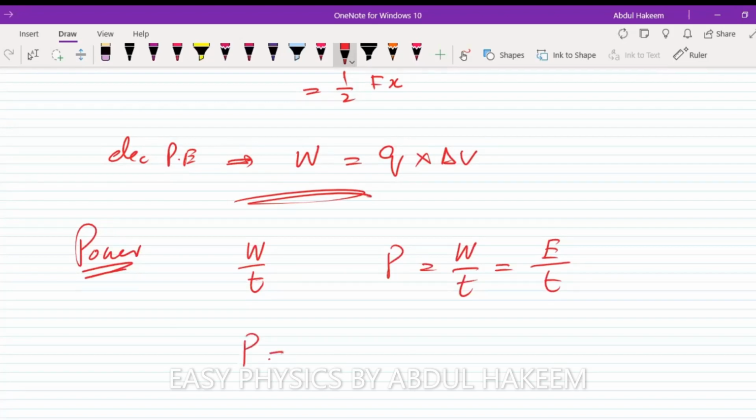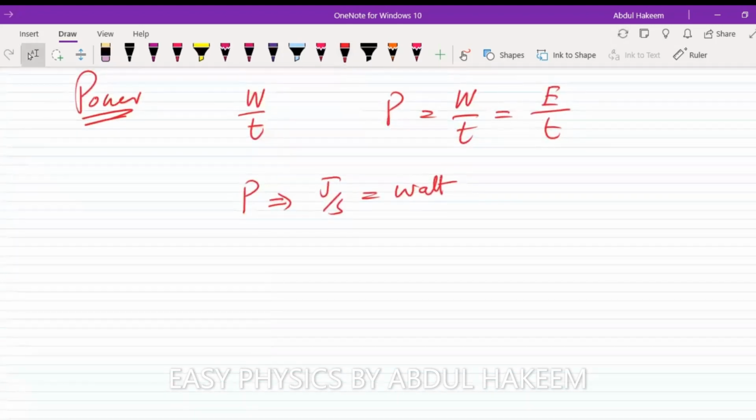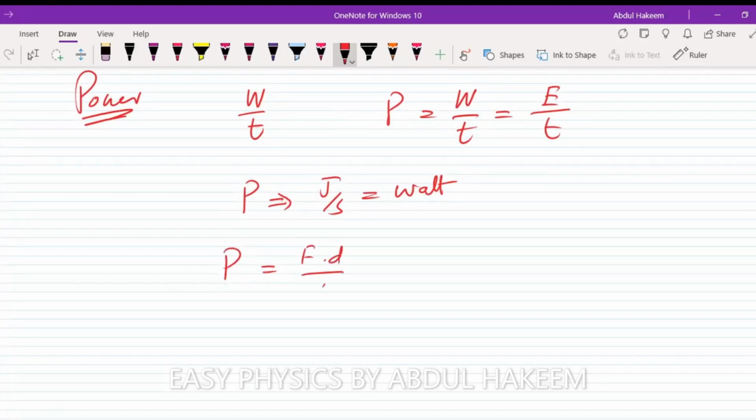Power is measured in joules per second, meaning watt. Now power: work means force times distance divided by time. Distance divided by time is the speed. So power is equal to force times speed.